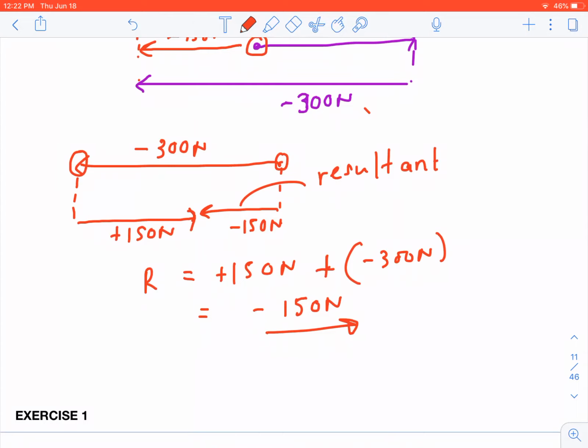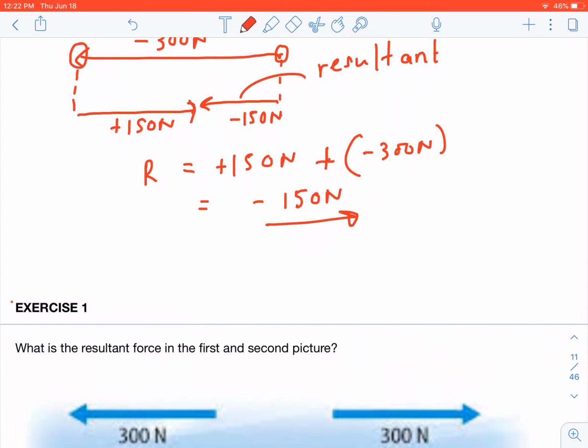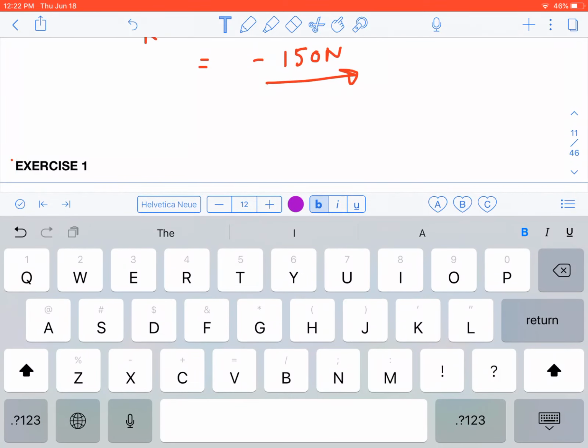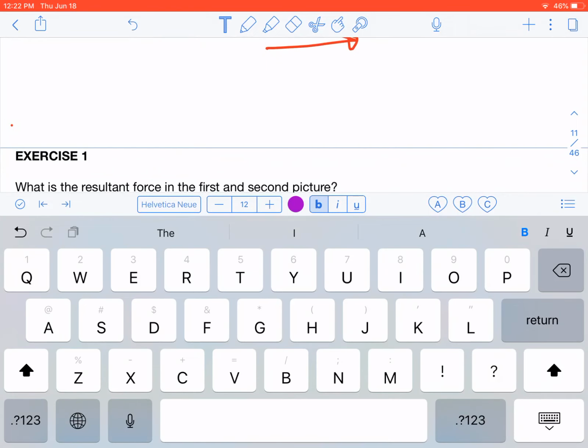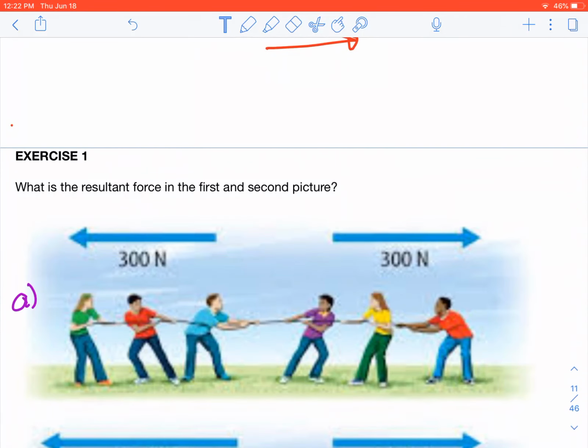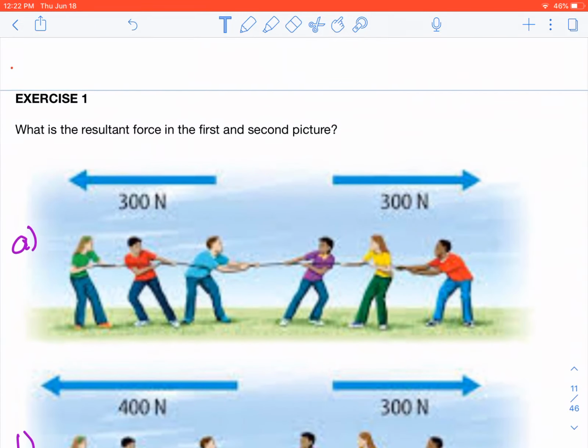Now let's look at the exercise here. We've got: what is the resultant force in the first and second picture? Let's say we take that as being positive and that as being negative.